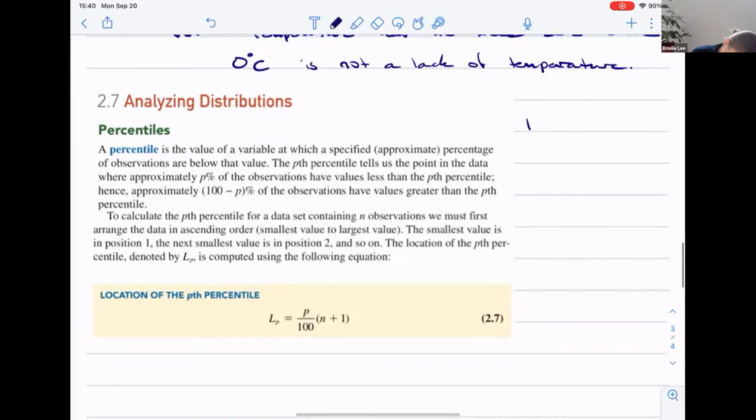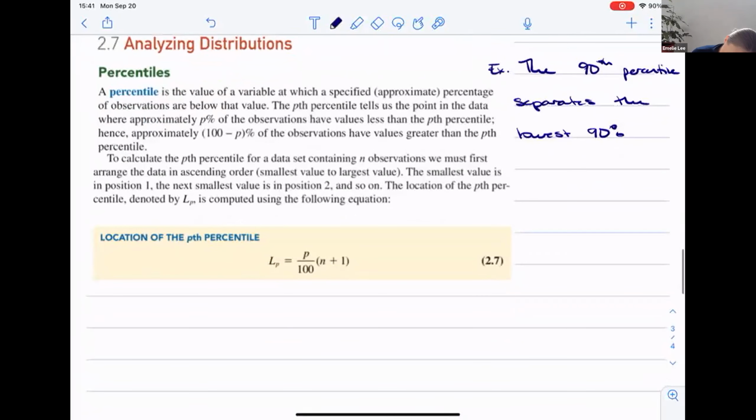For example, the 90th percentile separates the lowest 90% from the highest 10%.